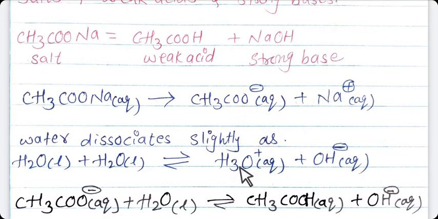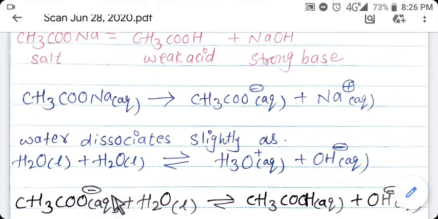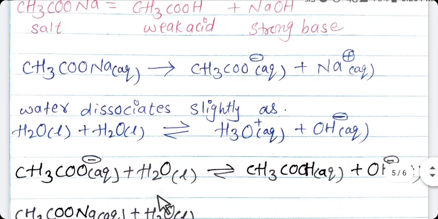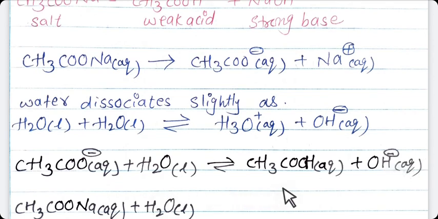with the hydronium ion from water produces unionized acetic acid. Means sodium ion reacts with OH minus ion and produces NaOH, a strong electrolyte, and acetate ion reacts with water to form unionized acetic acid molecule.